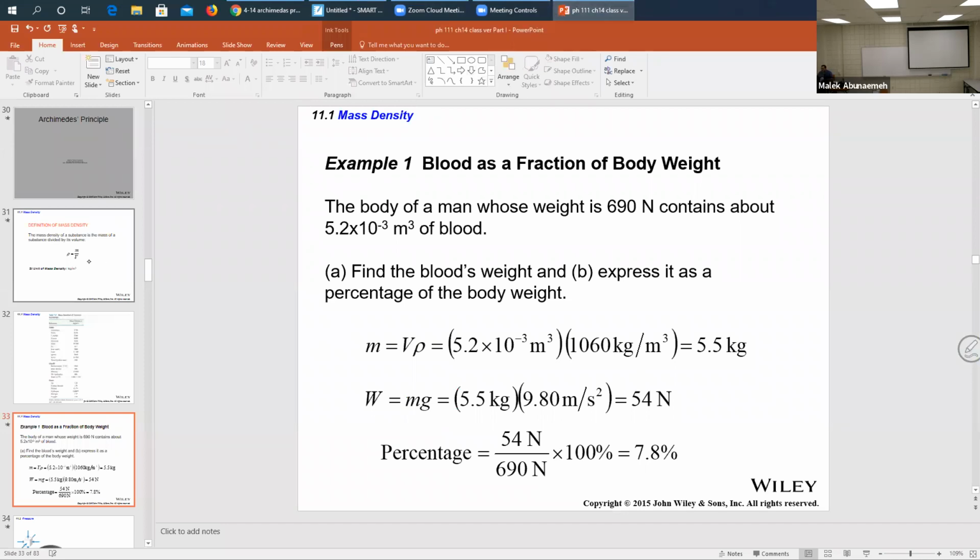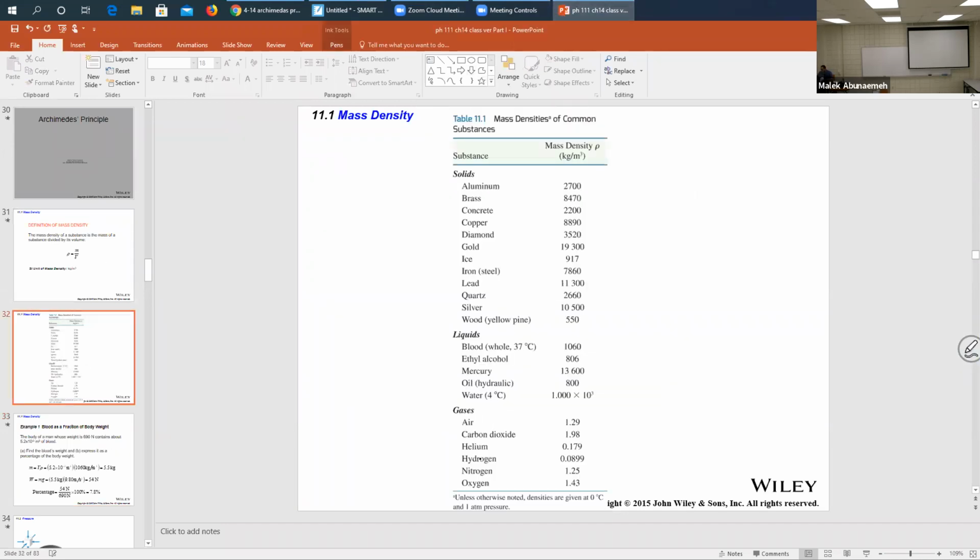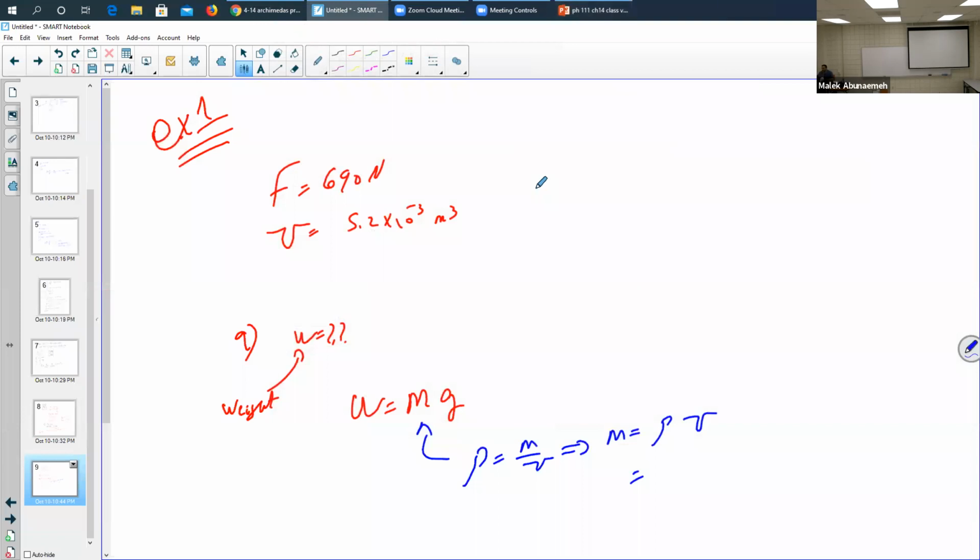Let me go look. It's going to be 1,060 kilogram per meter cubed. So let me just write this down. Your density for the blood is 1060 kilogram per meter cubed.